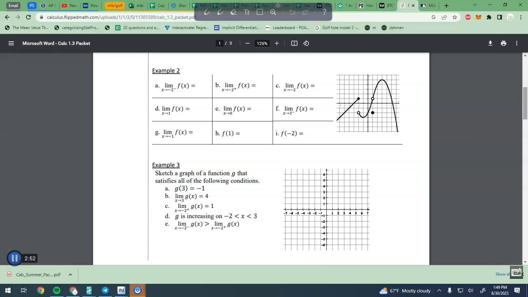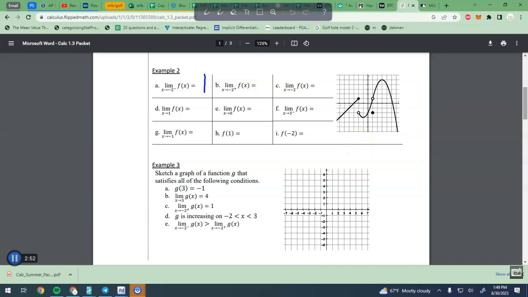Let's do example 2. So as x approaches -2, that's here, from the left-hand direction, so that's from over here, what is the y value heading towards? That would be 1.